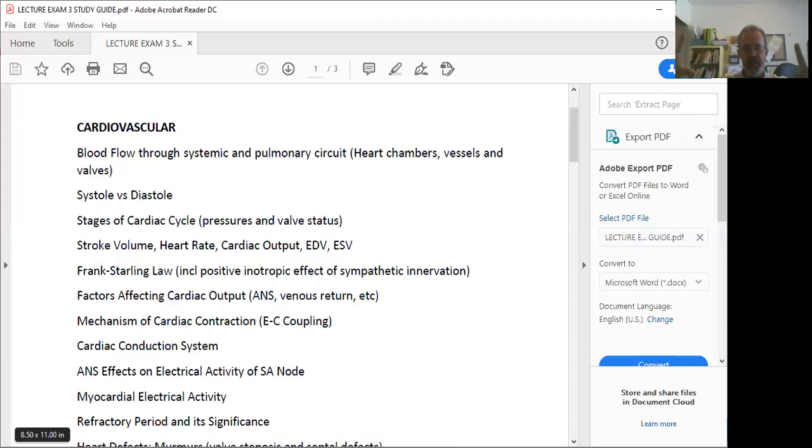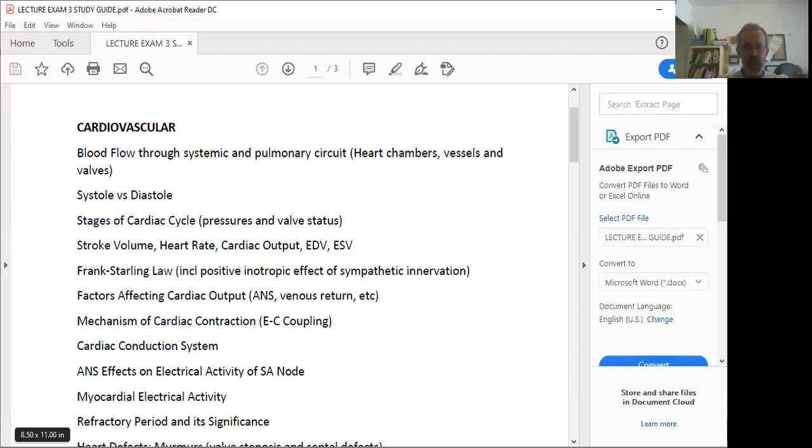You should know that relationship, and you should know the term positive inotropic effect. With the sympathetic branch of the autonomic nervous system, that means it increases stroke volume, which ultimately will increase cardiac output.